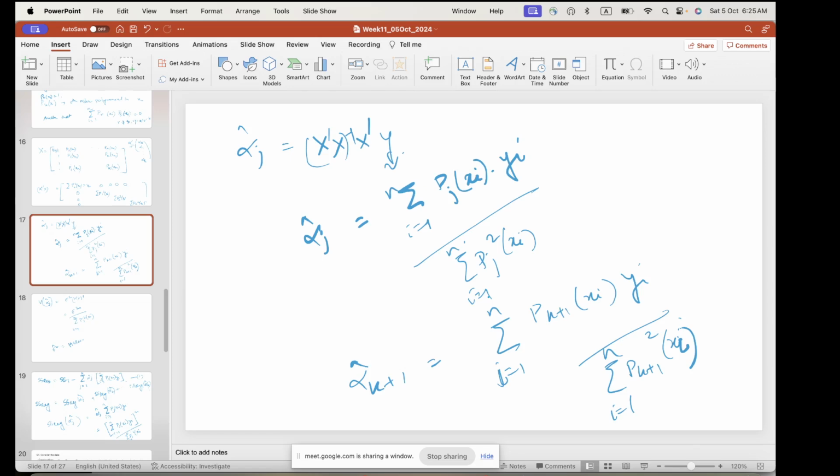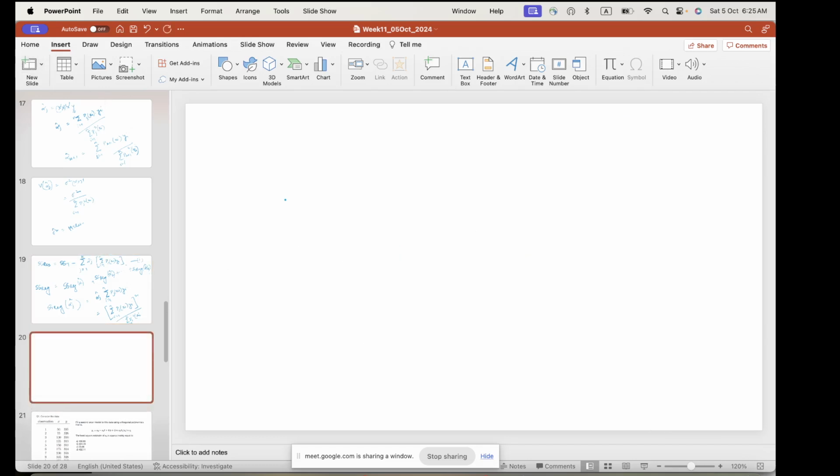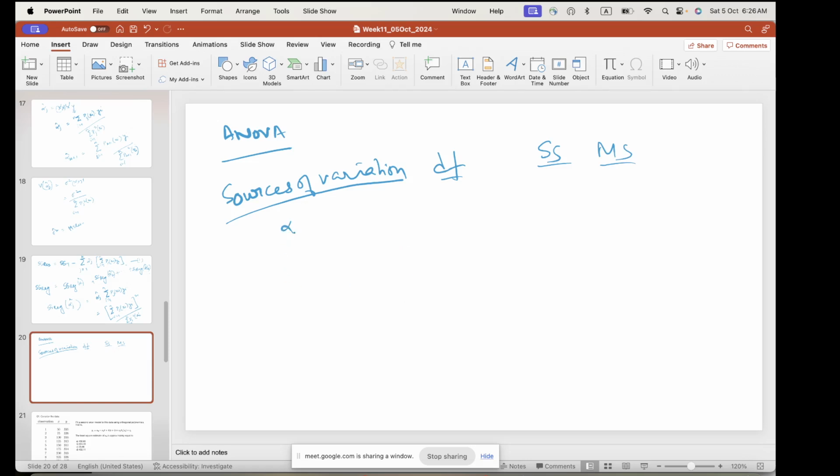Alright, so then if we go ahead and draw the ANOVA table, we'll have our sources of variation here. Next we'll have our degrees of freedom, then we'll have sum of squares, then we have our ms. Alright, so it could be alpha naught, alpha 1, alpha 2 to alpha k, and then the residuals.